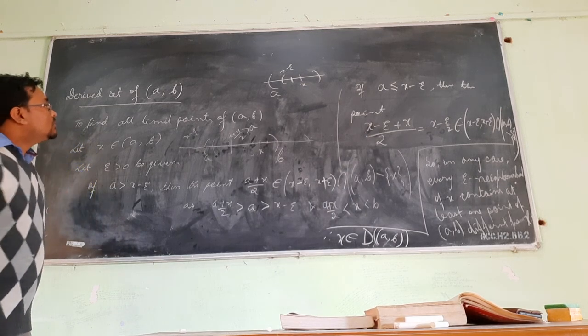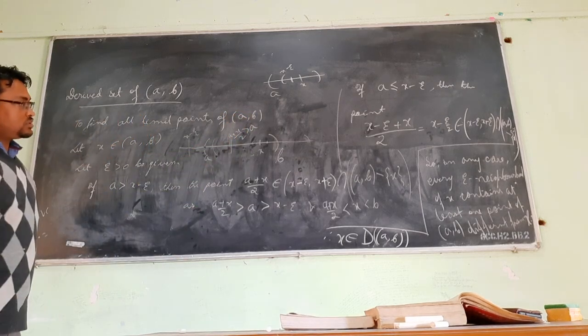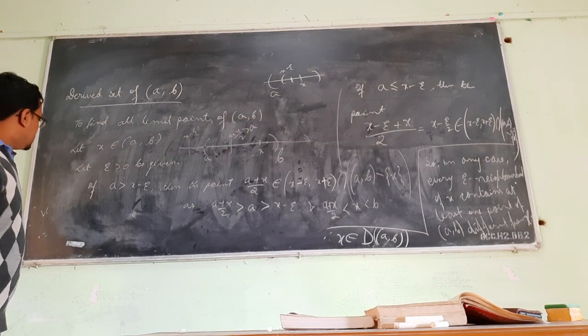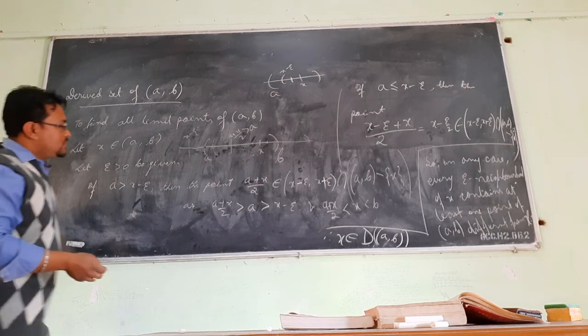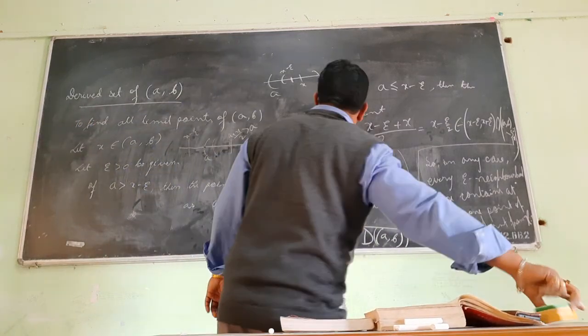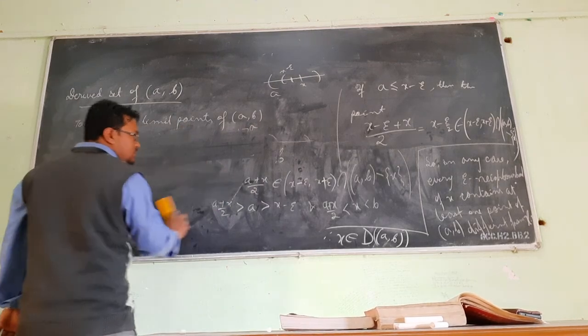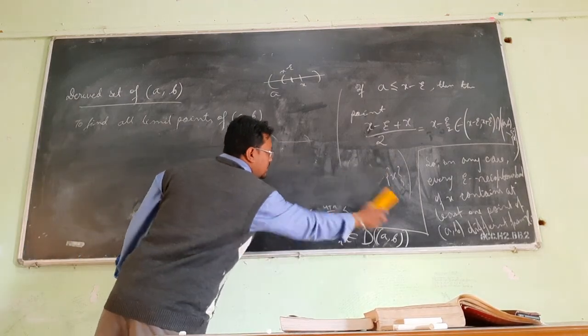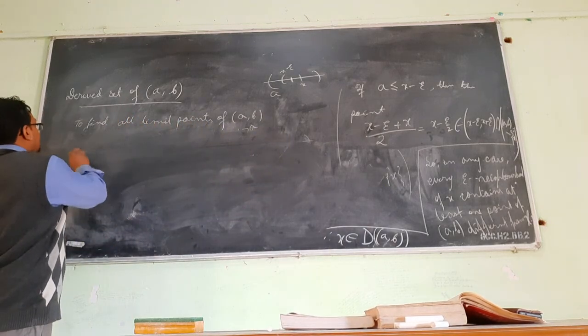Next, we will check the endpoints, whether the endpoints are limit points or not. So let us take an epsilon.